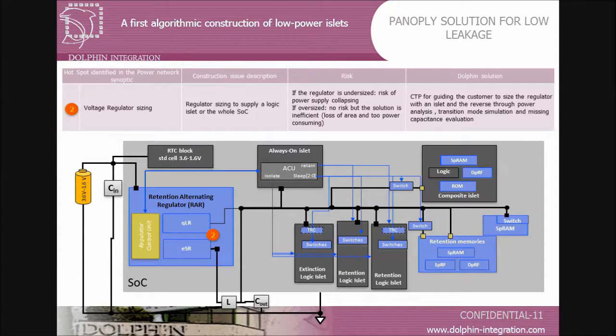What we propose is to help the customer through a case study tutorial product to build the regulator together with the islet and to perform the adaptation of the regulator to the islet, or the reverse, the islet to the regulator, it depends. This lets you perform simulation to ensure the transition mode.